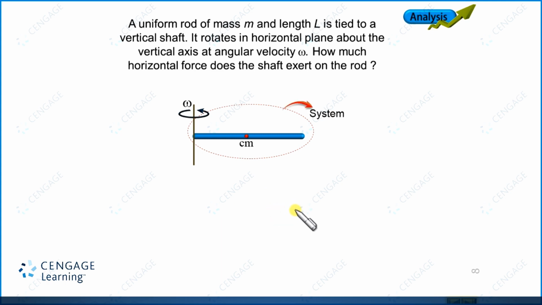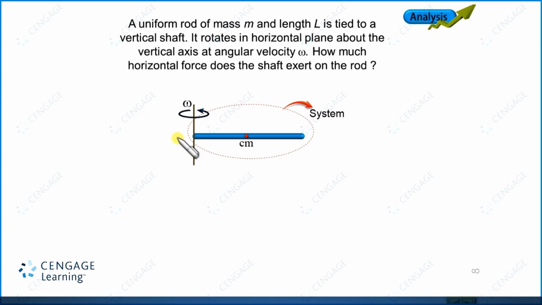Now let us find what are the external forces acting on the system. As we have considered this a gravity free space, we don't need to bother about the weight of the rod. The external force will only be the force exerted by the shaft on the rod. Now the question arises, in which direction should this force be, leftward or rightward?